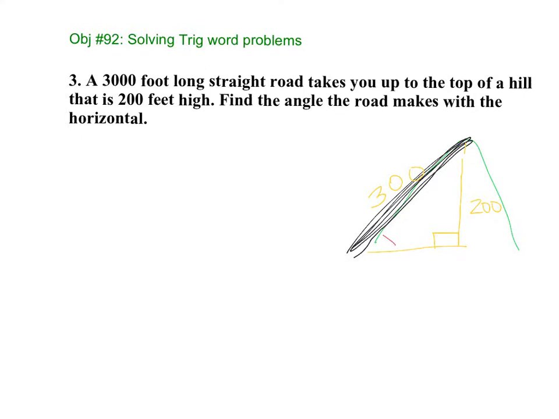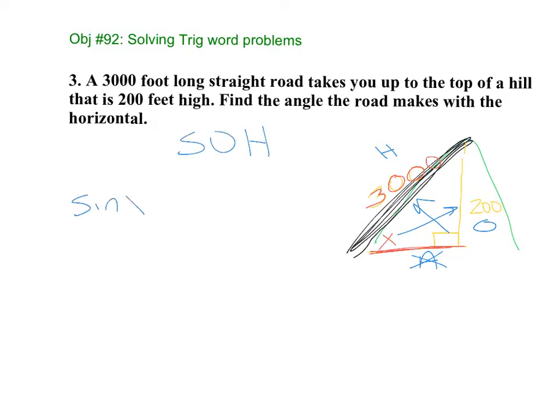So that means we're finding this angle. Here's your horizontal. This is 300; I wrote 3,000. Label: this is our hypotenuse, this is our opposite. So we have O and H, that's sine. Sine of x equals opposite over hypotenuse.